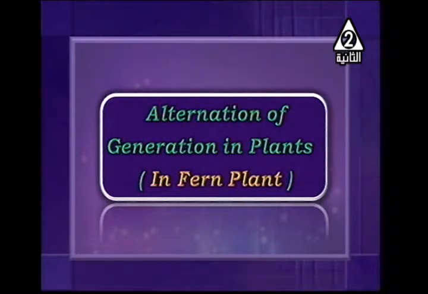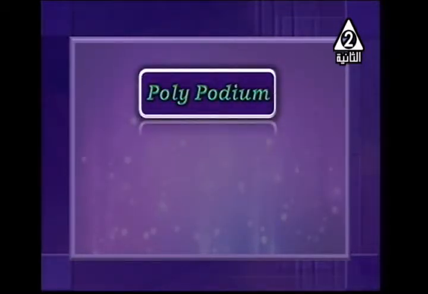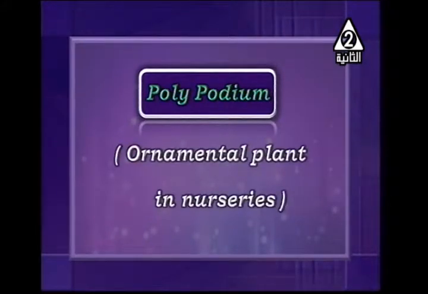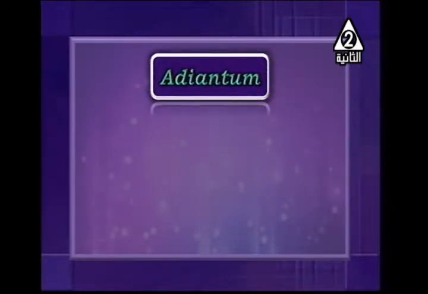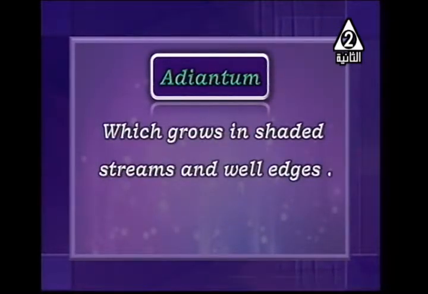After that, we have alternation of generation in plants, the fern plant. Actually, we have different types of fern. Our example is the Polypodium plant, a type of plant we call an ornamental plant in nurseries. We also have Adiantum, which grows in shaded streams and well edges, and it has an Arabic name very clear for you, just search for it.